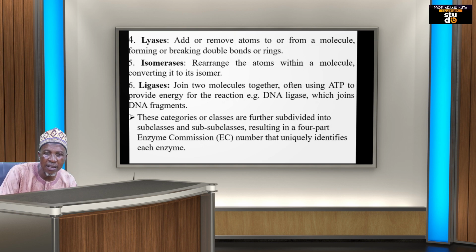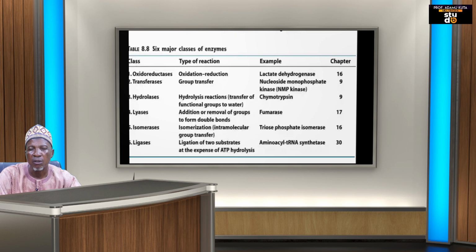One example we can cite here is alcohol dehydrogenase. It has EC 1.1.1.1, where the first 1 stands for the class, the second the subclass, the third the sub-subclass, and the last digit is the listing of the enzyme on the enzyme commission list.